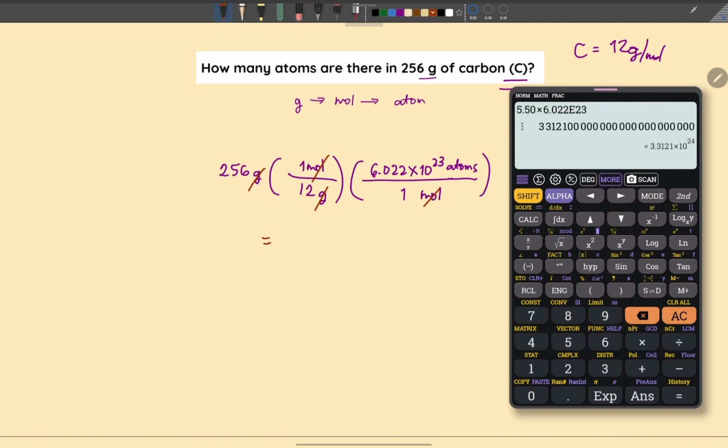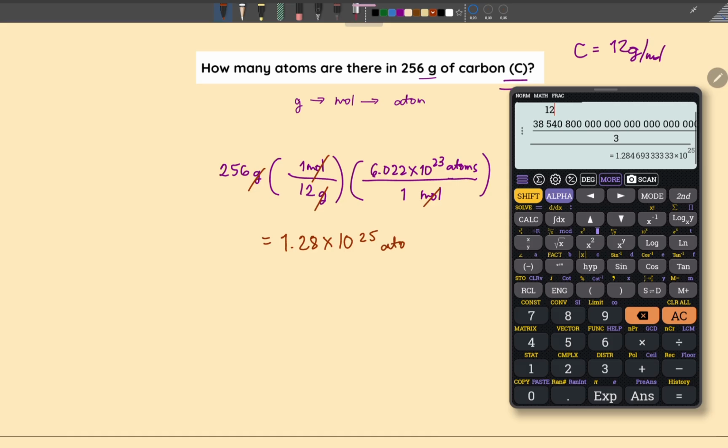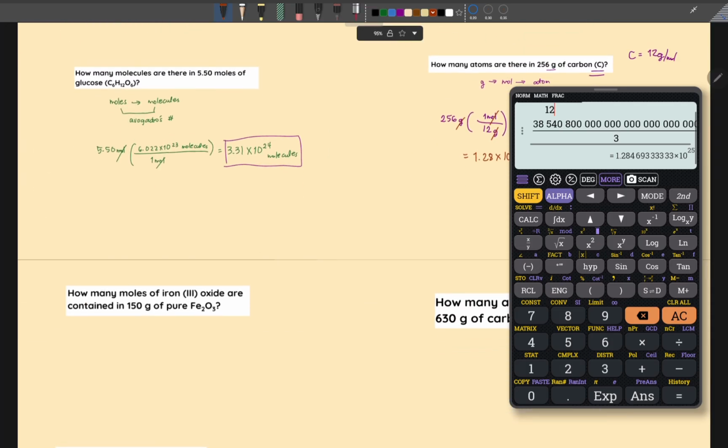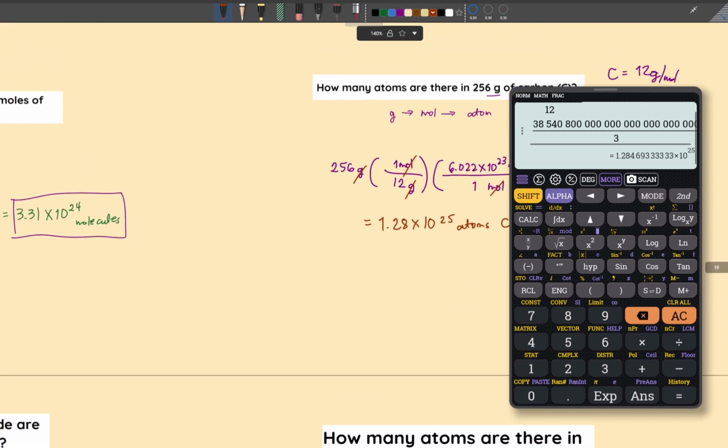So the answer will be 256 times 6.022 times 10 to the 23 over 12. So that will be 1.28 times 10 to the 25 atoms of carbon.